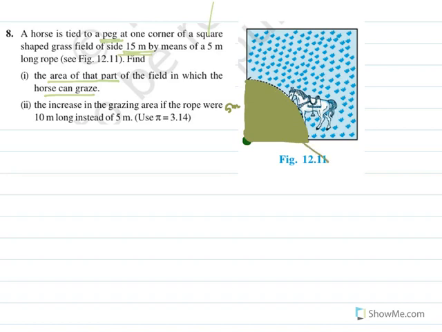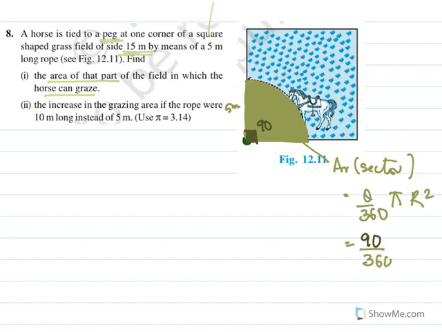The area available for the horse will definitely be the area of a sector, which is theta over 360 pi r square. Now what is theta here? Here it is a square, so the angle is 90. So for theta you will put 90 over 360, the pi of course 22/7, and the radius will be the length of the rope by which he is tied.